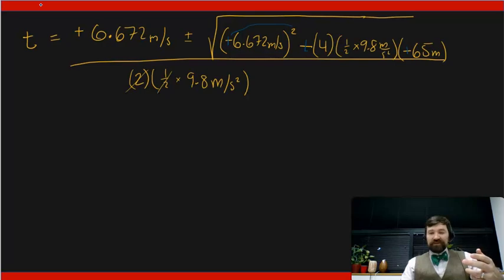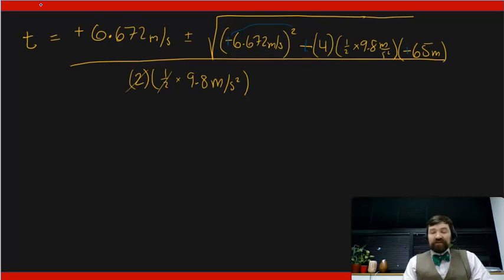That means that I'm going to end up with a real answer, which is good. We need that. And also, this term right here is this term here. So when I square it and then add something to it and take the square root, I end up with a number that is on its own larger than this first term. So when I add and when I subtract, I'm going to get one positive answer and one negative answer.